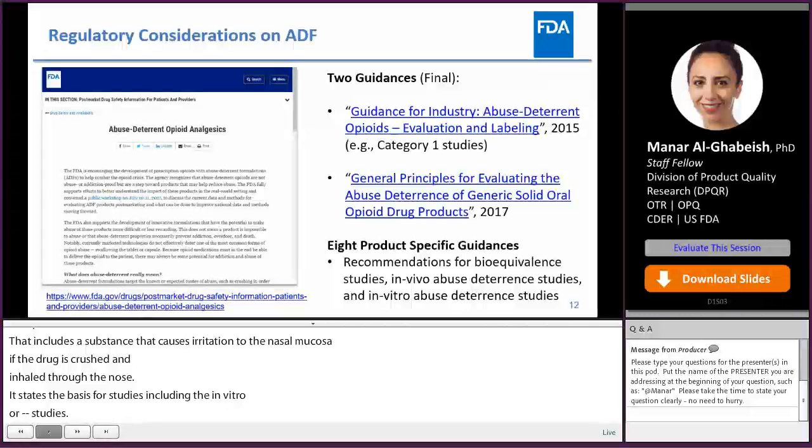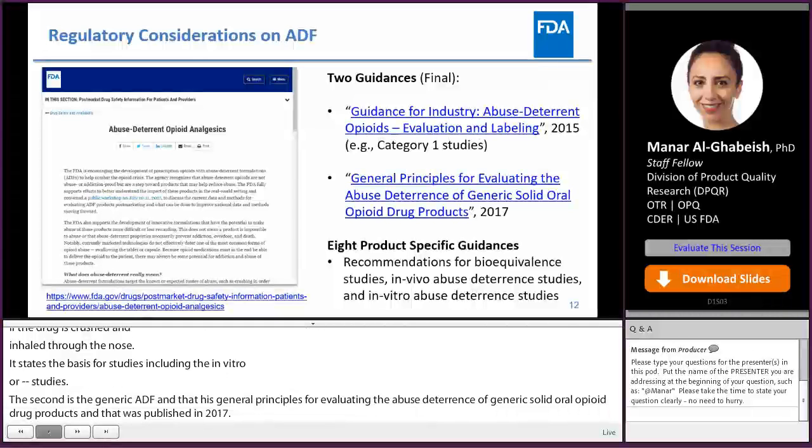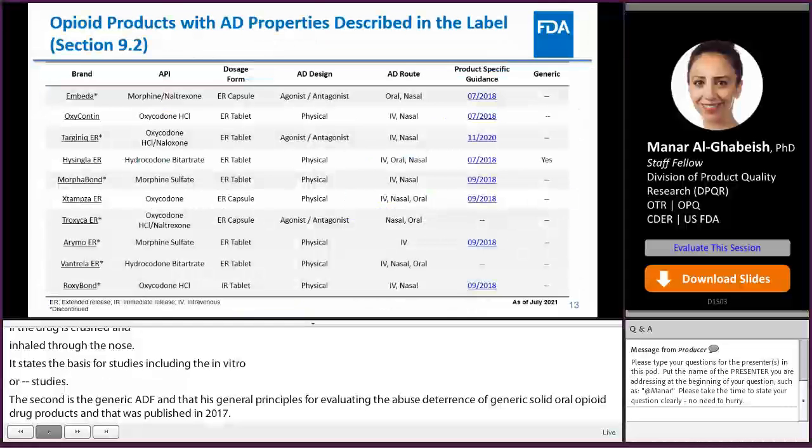In addition, there are 8 product-specific guidances, PSGs, that include the recommendation not only for bioequivalence study, but also for in vivo and in vitro AD studies. You can visit this webpage on the left for information and updates from the agency about ADF. This table lists the opioid products with FDA-approved AD labeling.